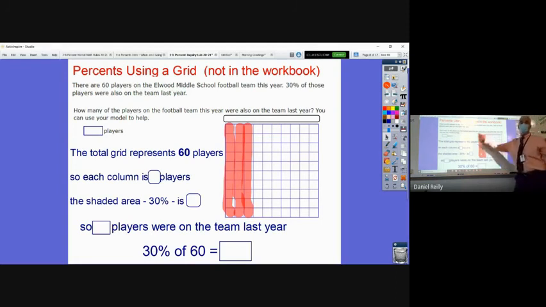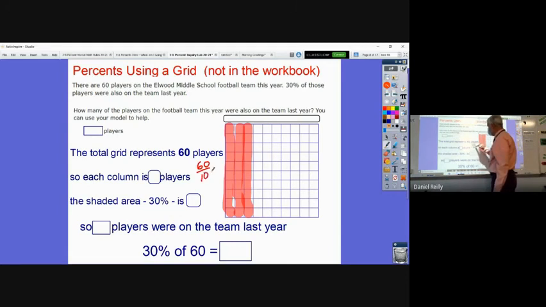If the whole thing is worth 60, what is each column of blocks going to be worth? There are 10 of them, right? And the total is 60. So each one, Alicia, say 6? That's absolutely correct. Each column is worth 60 divided by 10, or 6.